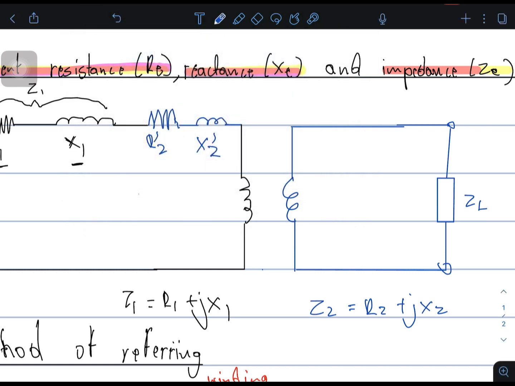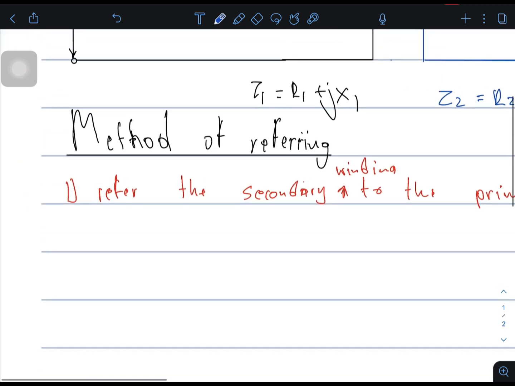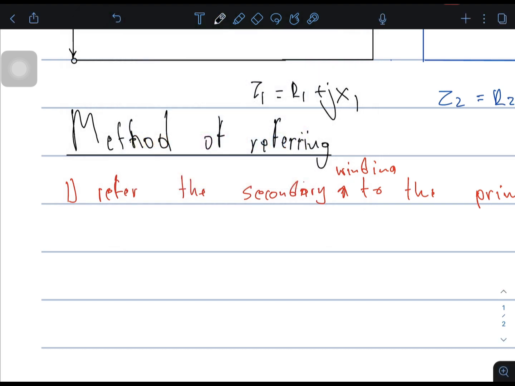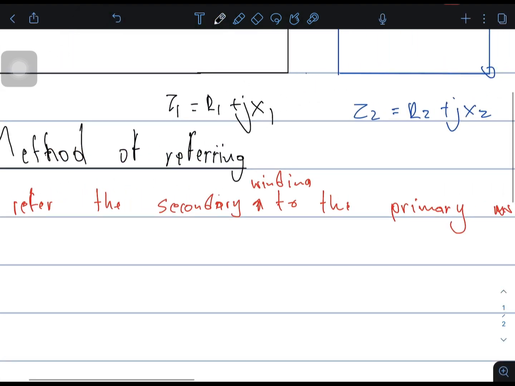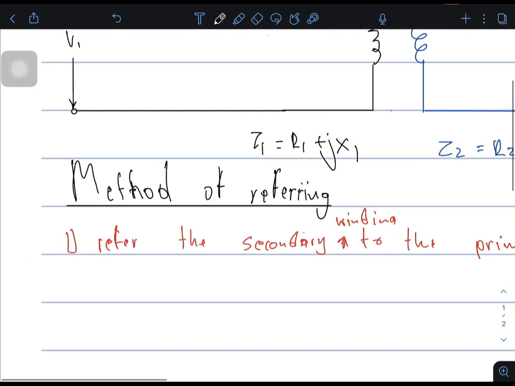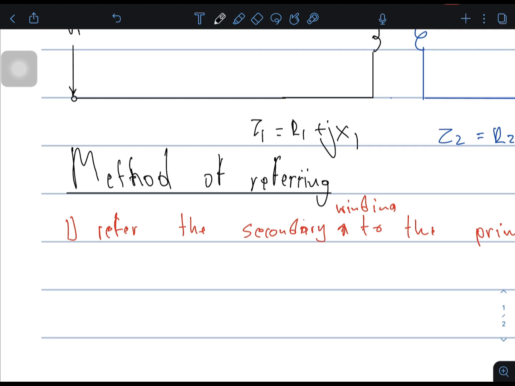Let's put this now. Impedance, secondary, Z2. Okay. Let me write down the formulas that we use when we have referred the secondary winding to the primary winding. With equivalent resistance, we can calculate it as follows.